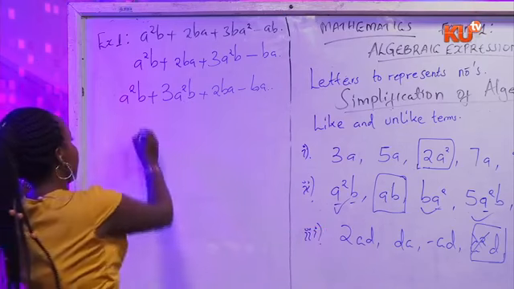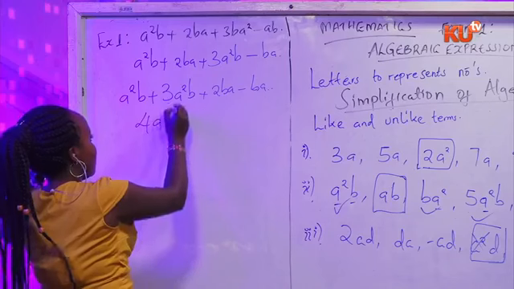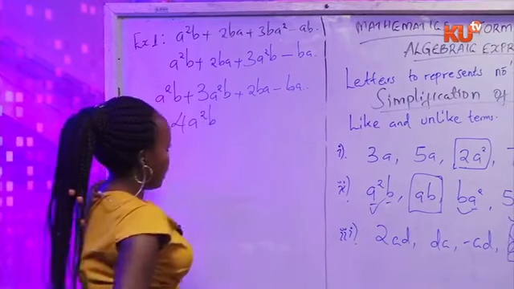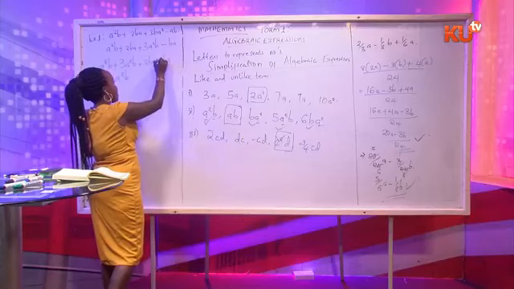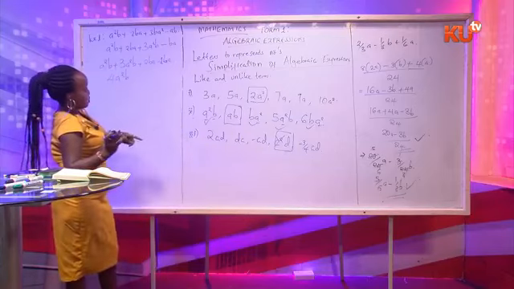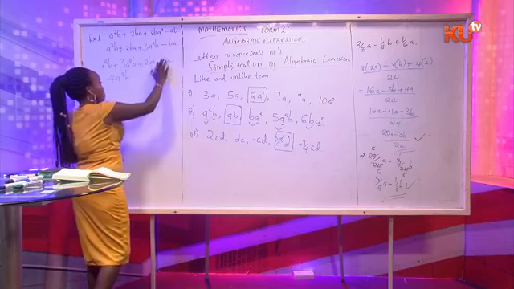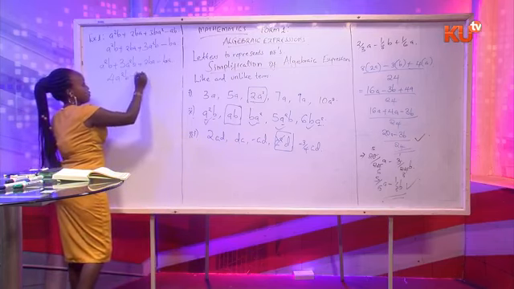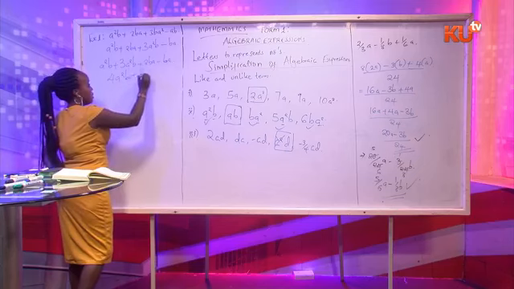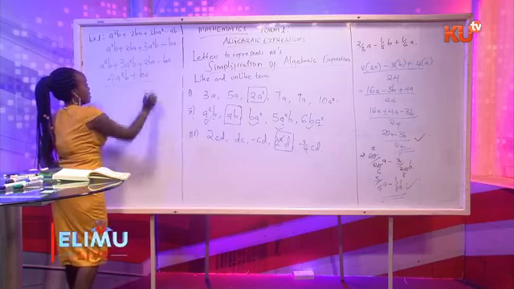So 1 plus 3, this is 4a squared b. And then 2 minus 1. ba is just represented as 1. We just cannot write 1 there. It will be repetition. So 2 minus 1, it will be plus ba or ab, whichever, it is still the same. So that is the answer there.